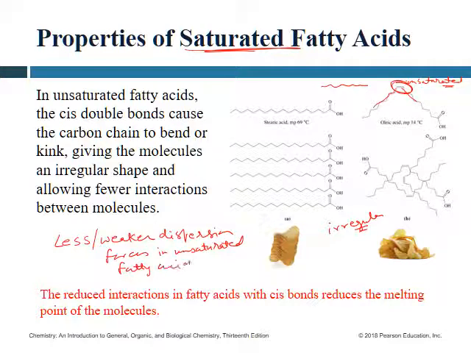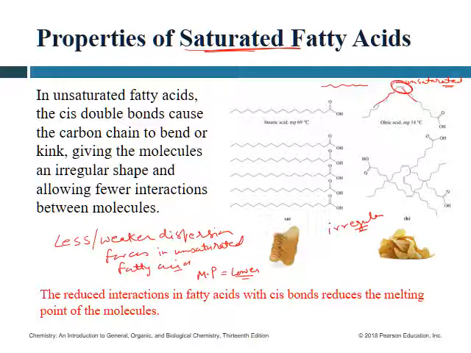Because of the presence of weaker dispersion forces in unsaturated fatty acids, the melting points of unsaturated fatty acids are lower compared to saturated fatty acids, because you need less energy or less temperature to break the weaker dispersion forces within the unsaturated fatty acid.